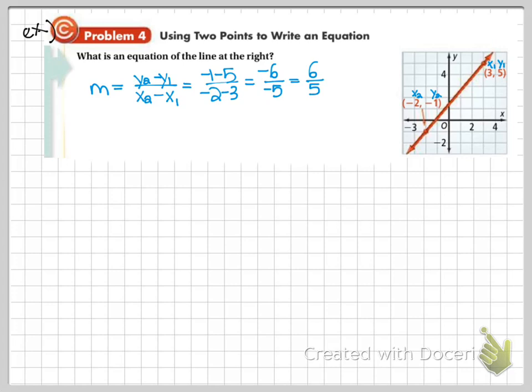Once we have the slope, we can just put it in point slope form. Using either one of our points, I'm going to go ahead and use x1, y1, since that is what is in our formula.